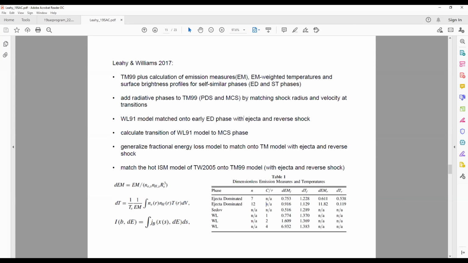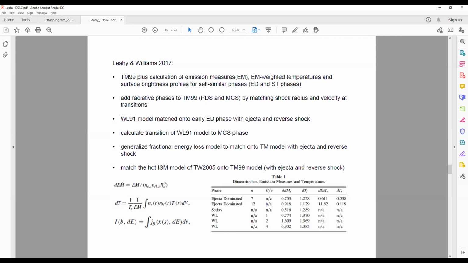Similarly, matching the White and Long model onto the ejecta-dominated phase by doing proper physical matching, and matching the White and Long model onto its radiative phase. Okay, so all of these things were done and put into a calculator.